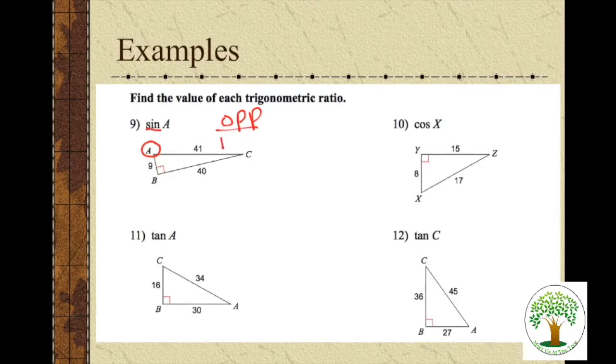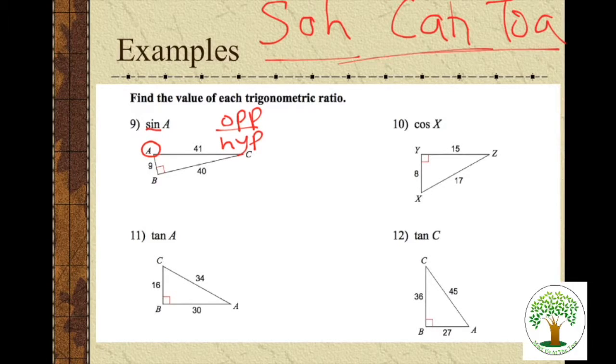I would suggest that at the top of your paper, if you can't remember that stuff, you write SOH CAH TOA. You only have to write it once on that page, and then you have them all the time, unless you want to leave your little sheet next to you. Not a problem.